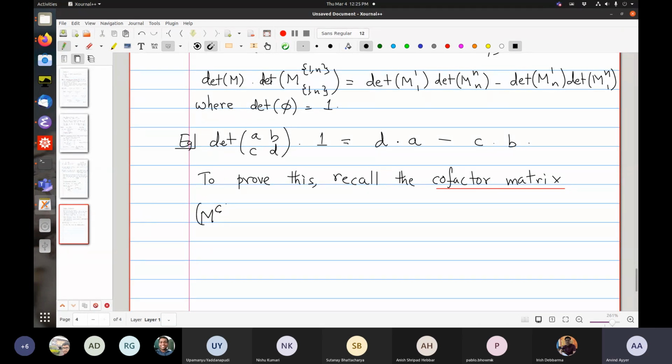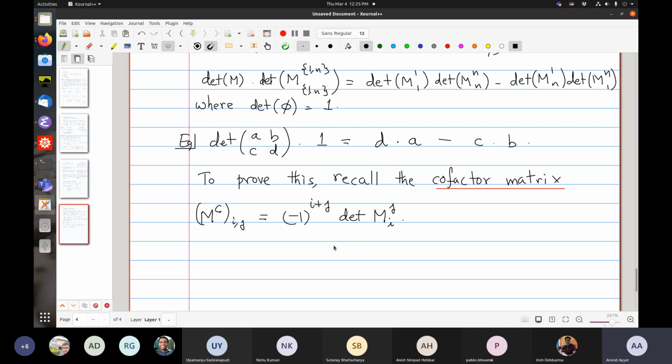MC, whose ijth entry is minus 1 to the I plus j times determinant of mji. You have to do the transpose, right?